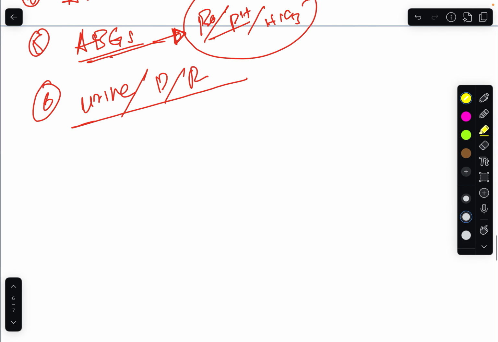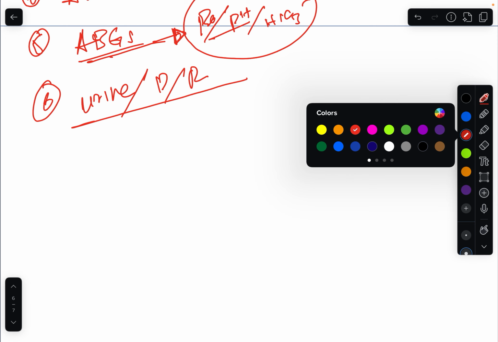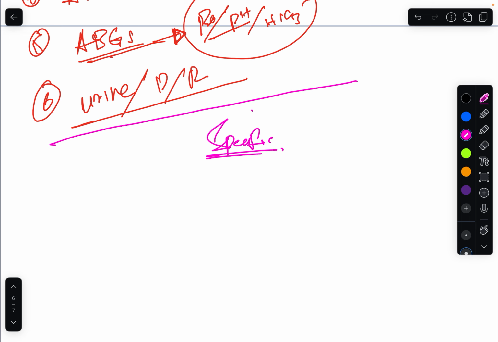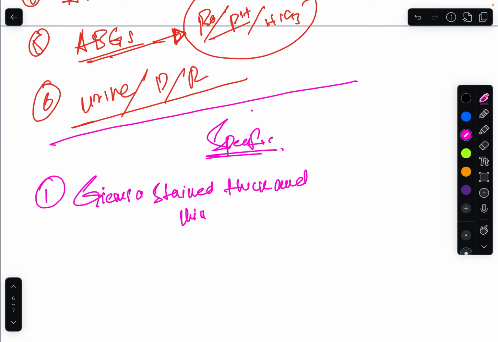Now we will see specific investigations. The most important is Giemsa stained thick and thin smear.